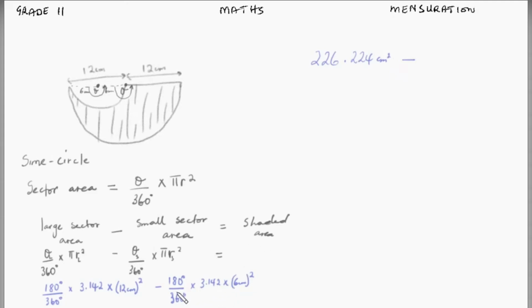So we are going to subtract this one. It's also 0.5 here, right? Because this is half. Then times pi times 6 squared. Now, work it out. 6 squared, that's 36.